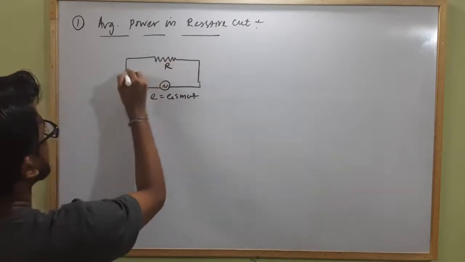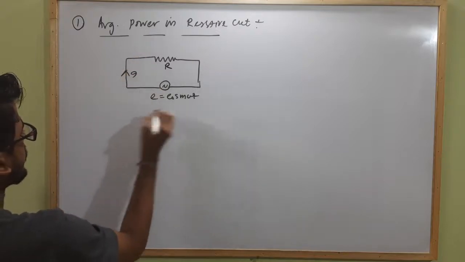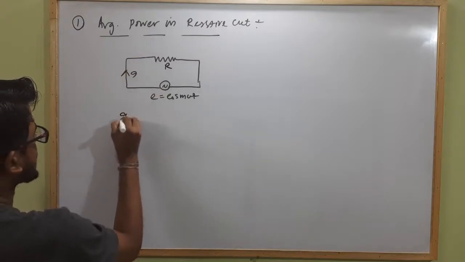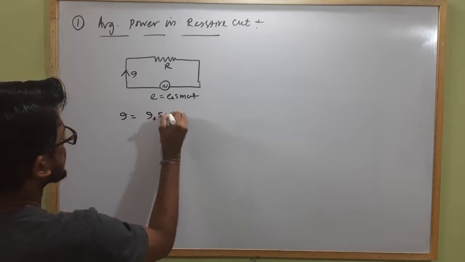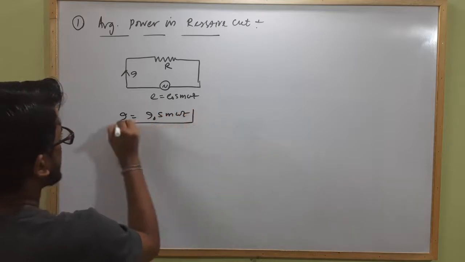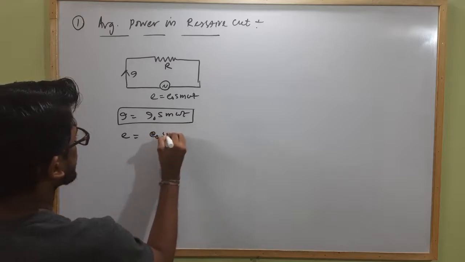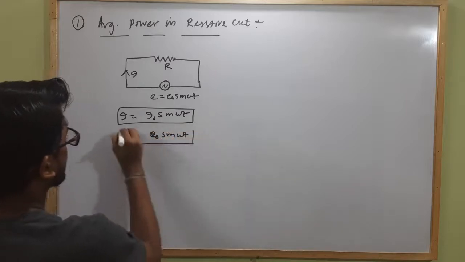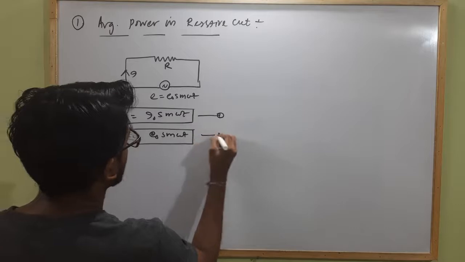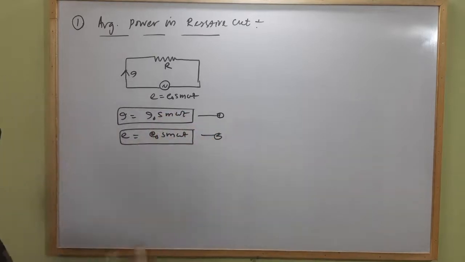If I is flowing through it, what is the value of I? We already calculated in the previous class: I will be equal to I naught sin omega t, and the EMF is also E naught sin omega t. So from these two equations we get that both I and E are in the same phase.